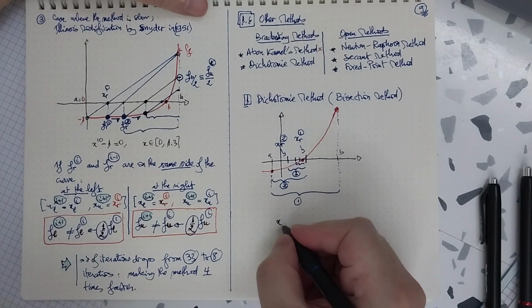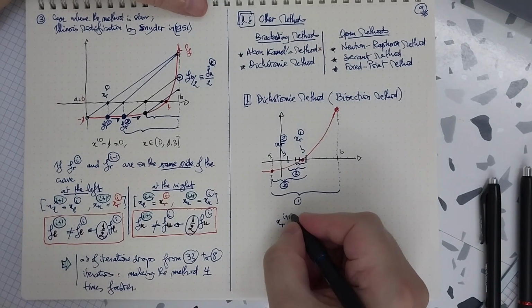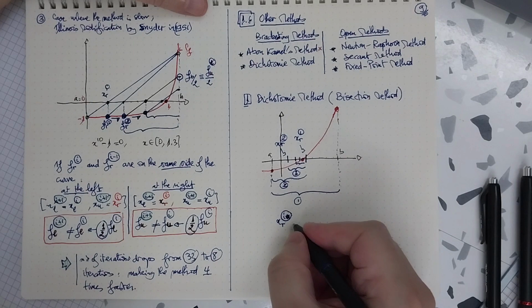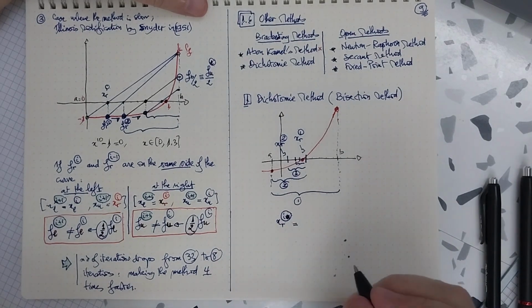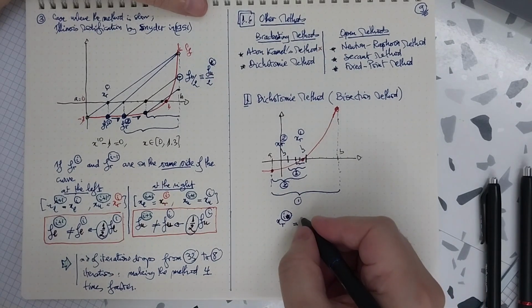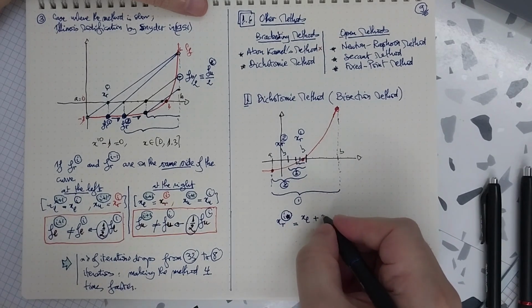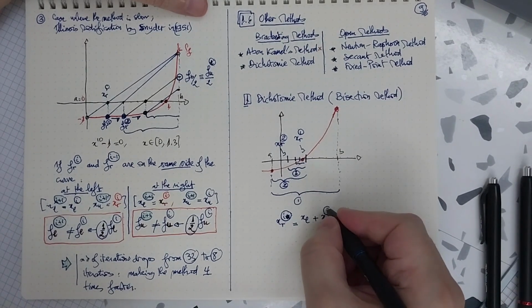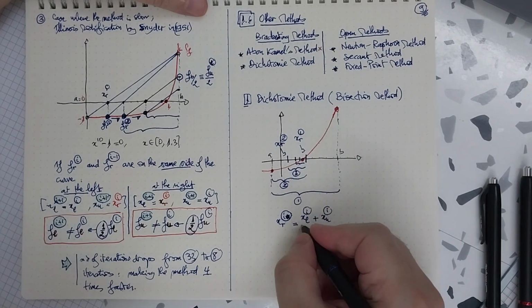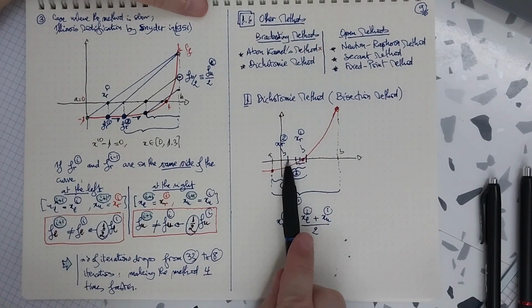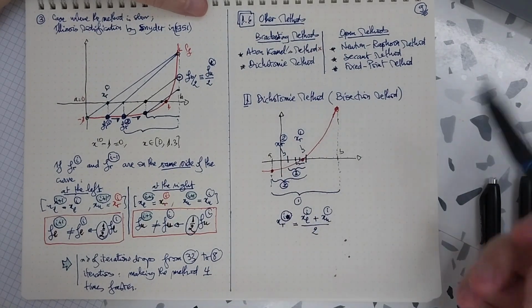So its formula is XRi, the current position of the approximate point, is the lower, XL, plus the upper of the current interval, over 2. It's in the middle, and so on.